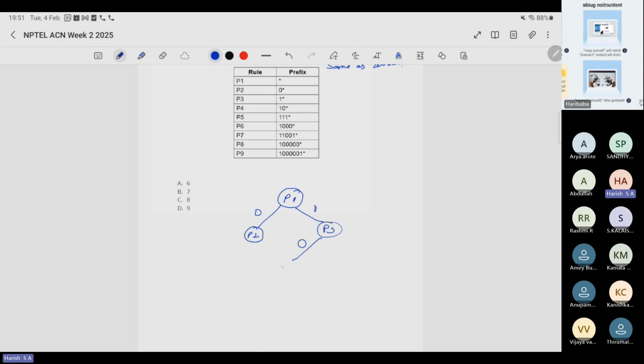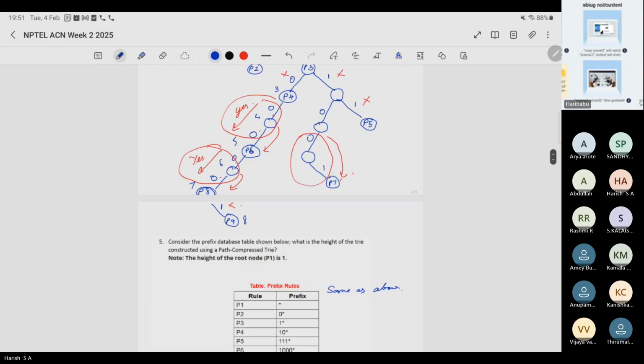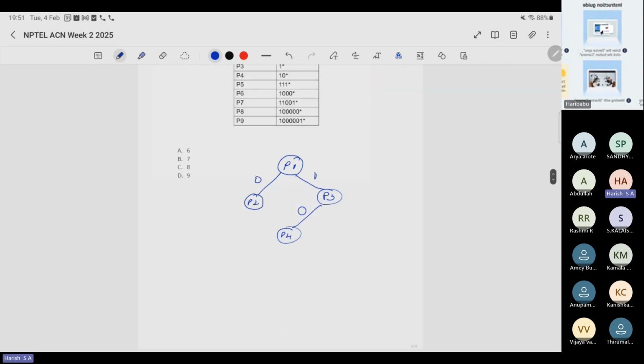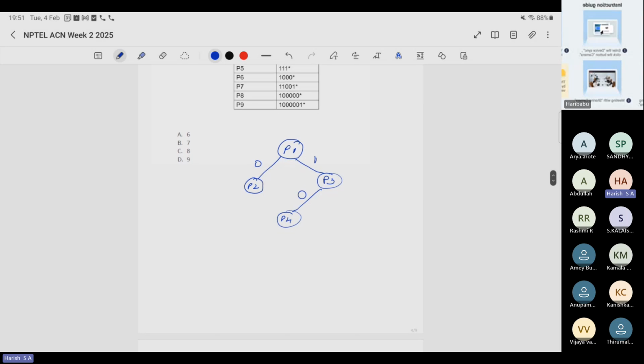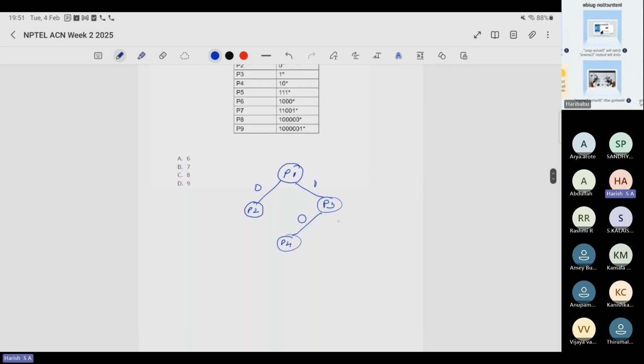And then we say P4. Right. So far, no compressions have happened. And then we are adding P5. Here also so far no compressions have happened. So far it's the same as the single bit trie.